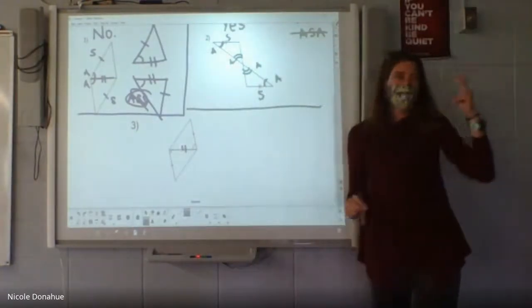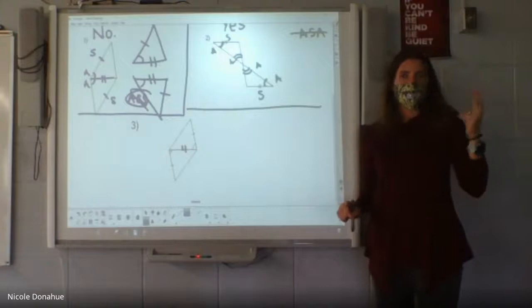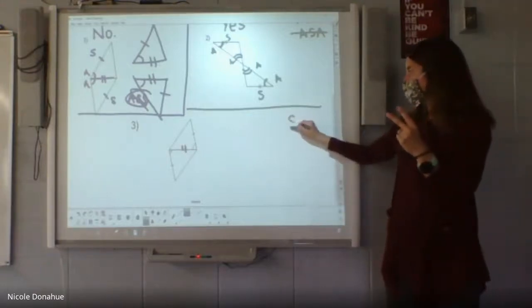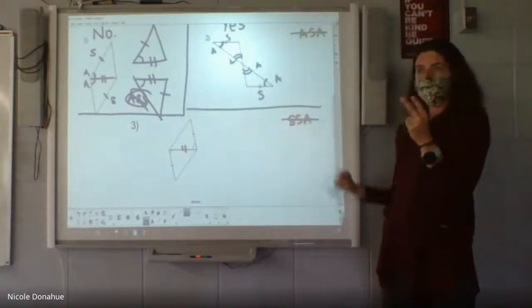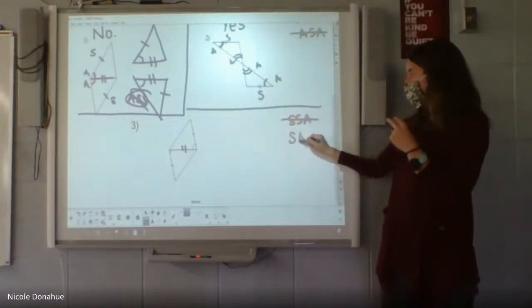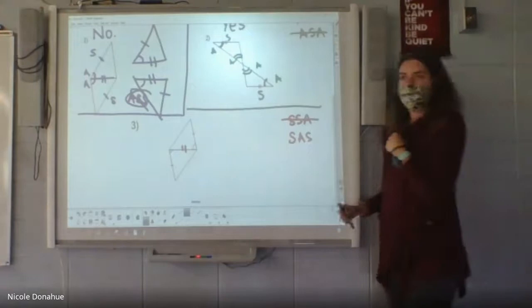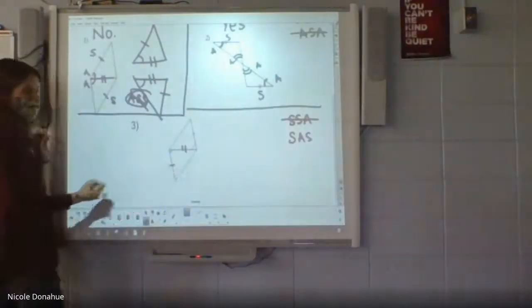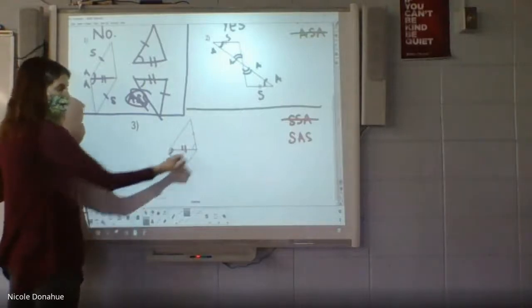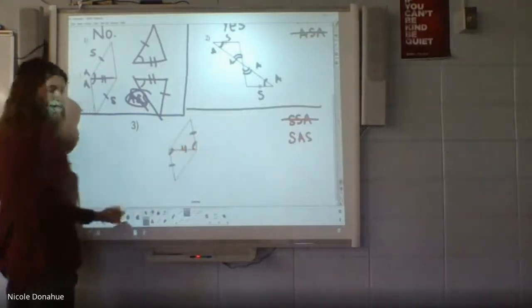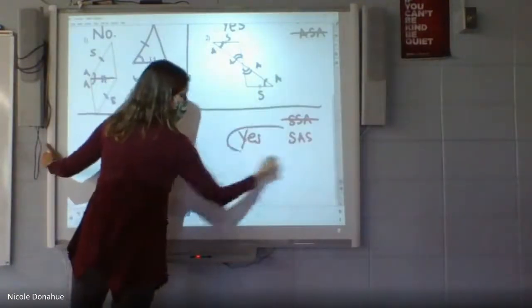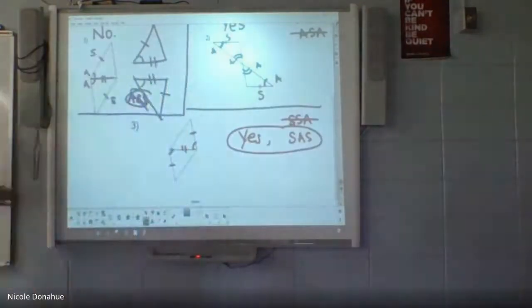We only have one rule that involves two sides, because remember, this one's not a rule. Do we have two sides and the angle between them? Yeah, two sides and the angle between them. So this is yes by side angle side.